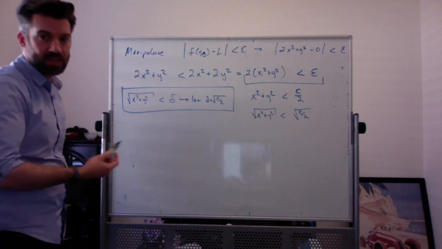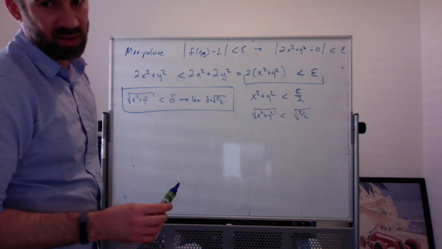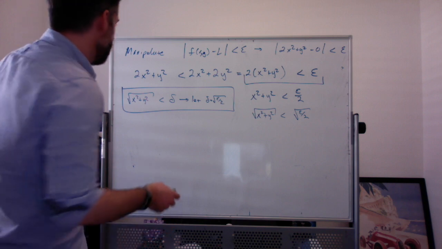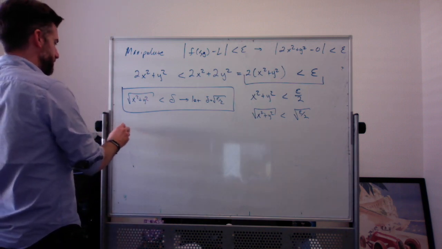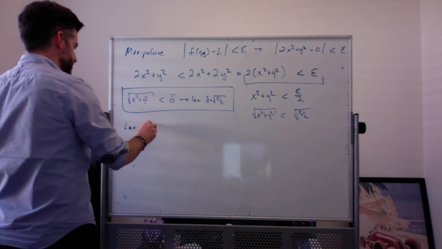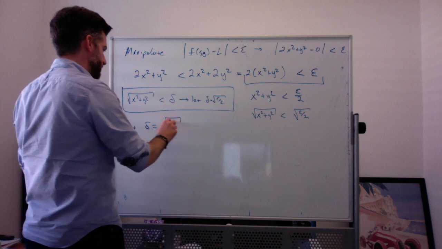So here's what we then get to say. This is where it's a little bit of work depending on what they want you to do exactly. So this might be good enough, but often people say, okay, so now we say, let delta, so this depends on what your teacher wants. Let delta equal the square root of epsilon over 2.